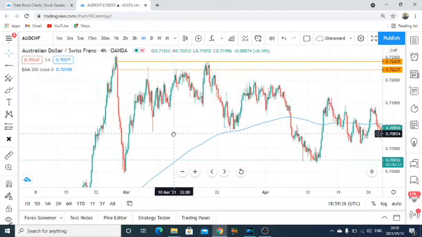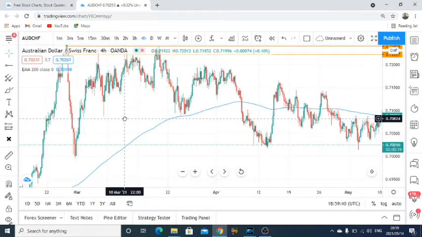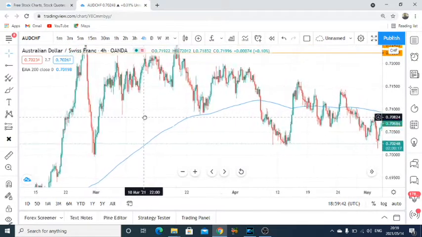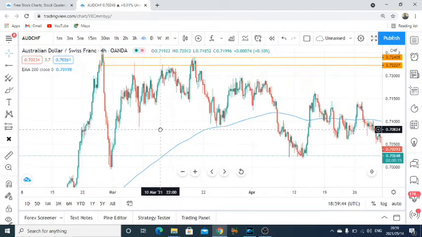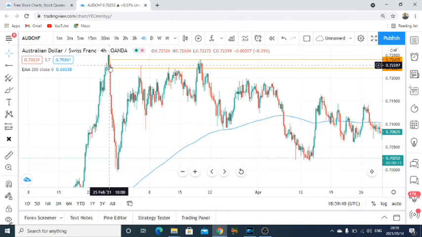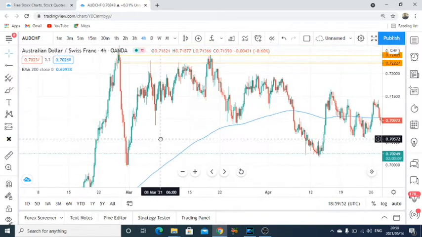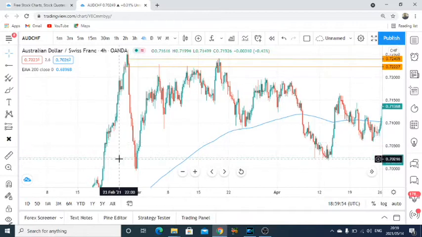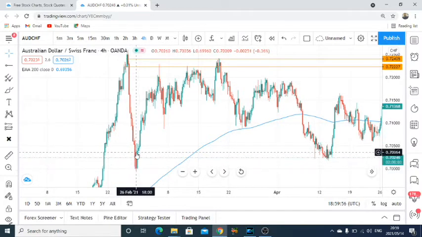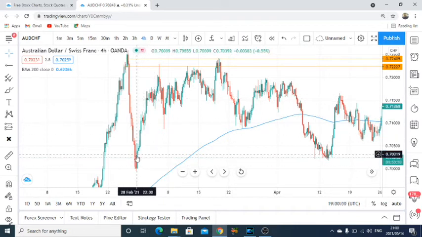Now I will show you the bullish order block. See what happened after they pushed the market to the downside. See what they did here. This is also a bullish order block, because you can see the move after this last bearish candle.